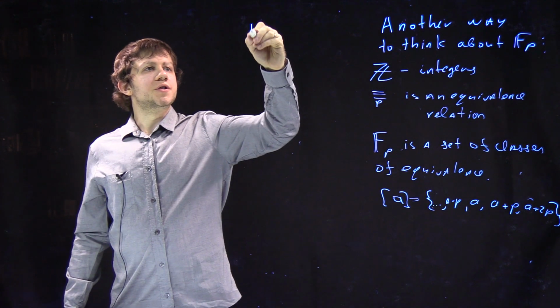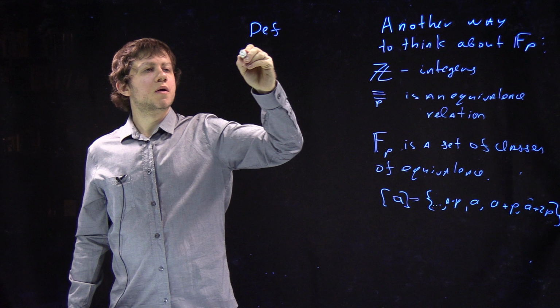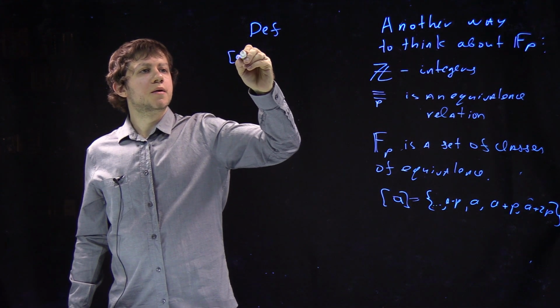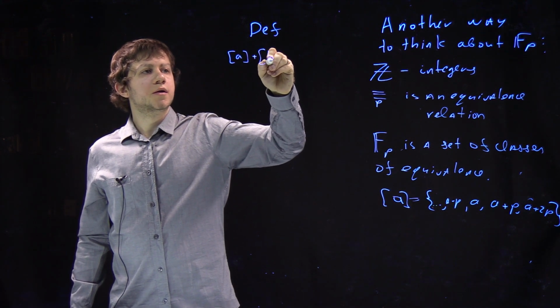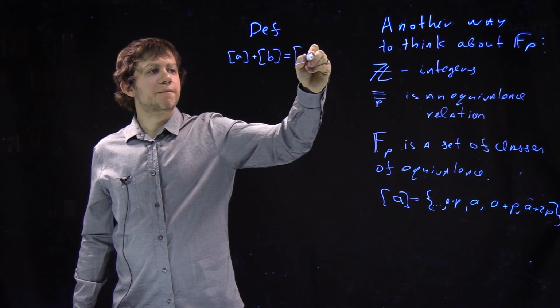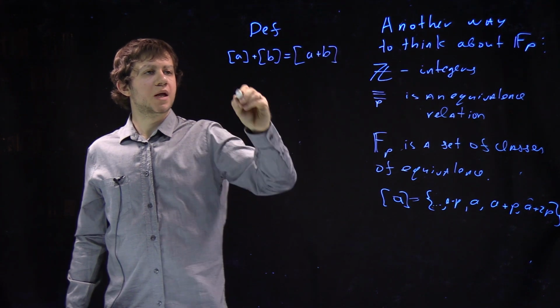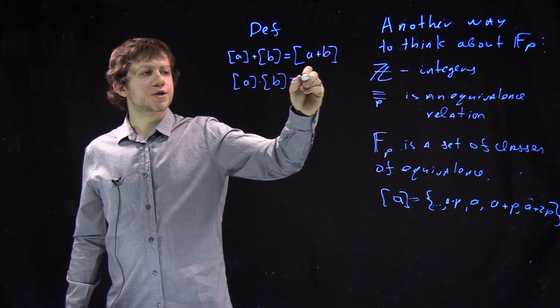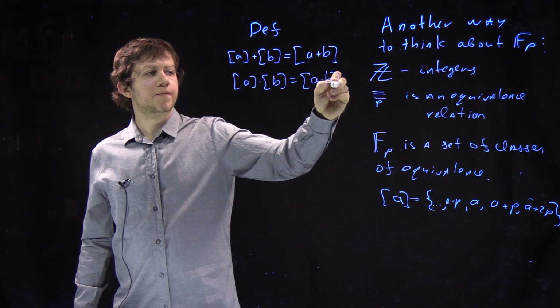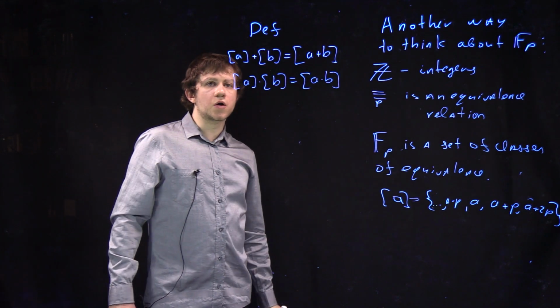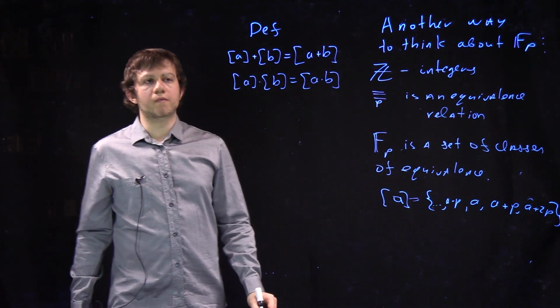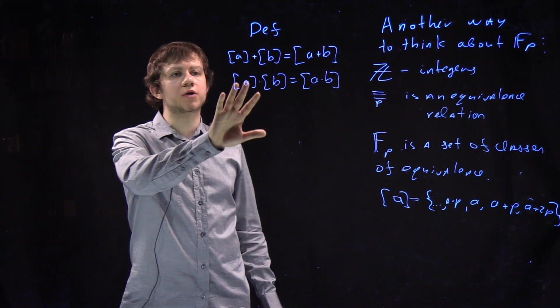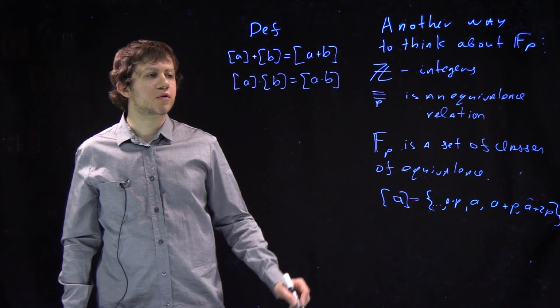So definition: A plus B is just the class of the sum, A plus B. And A times B is the class of the product, A times B. So one cannot simply make this definition because of the following reason.